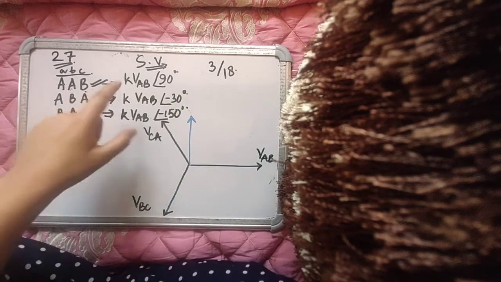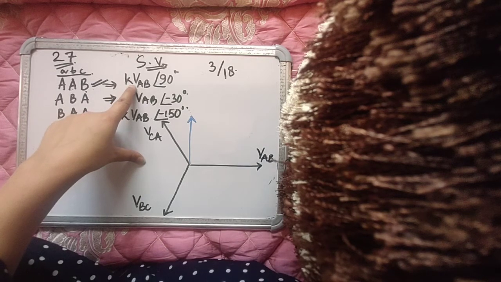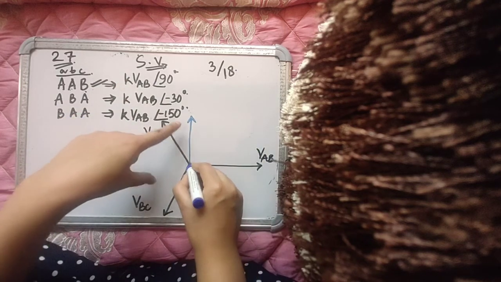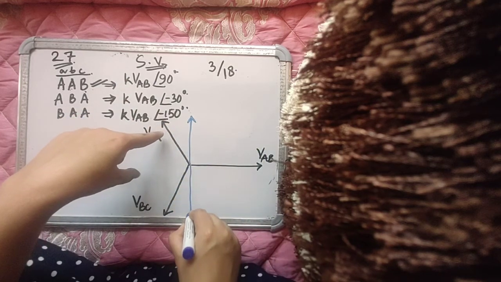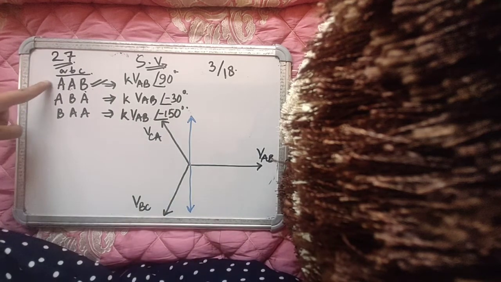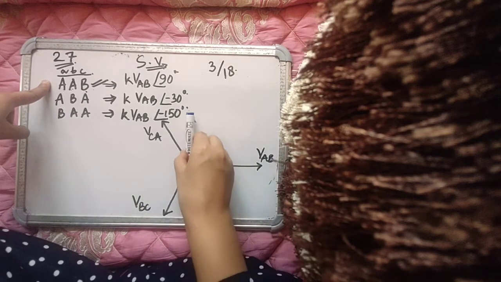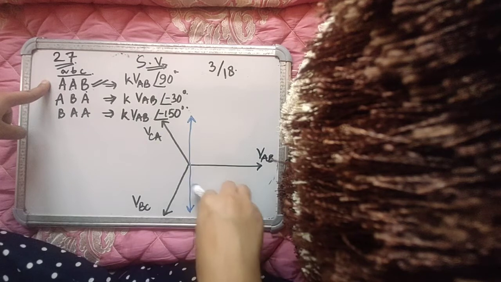But the first state is a function of VAB, and VAB might be positive or VAB might be negative. And when VAB is negative, it will actually give me a line along this, right? So this particular state, AAB, is going to give me a space vector position along this line, either positive or negative.